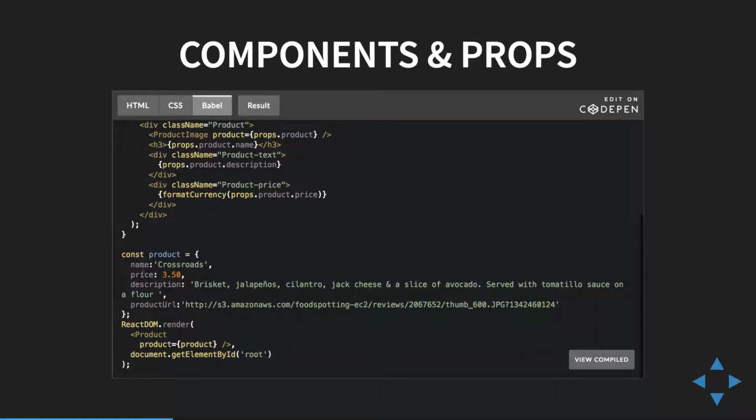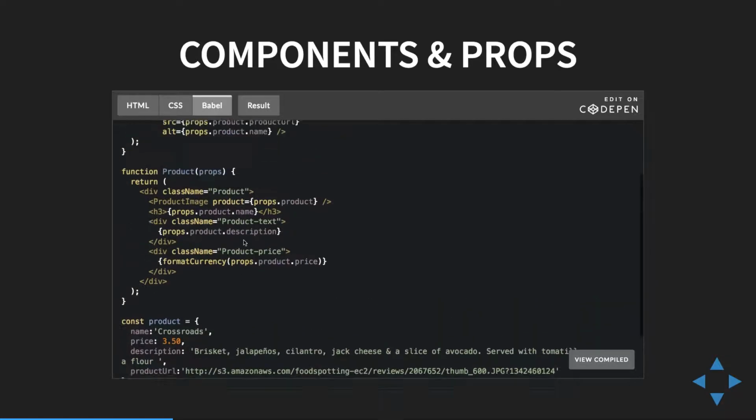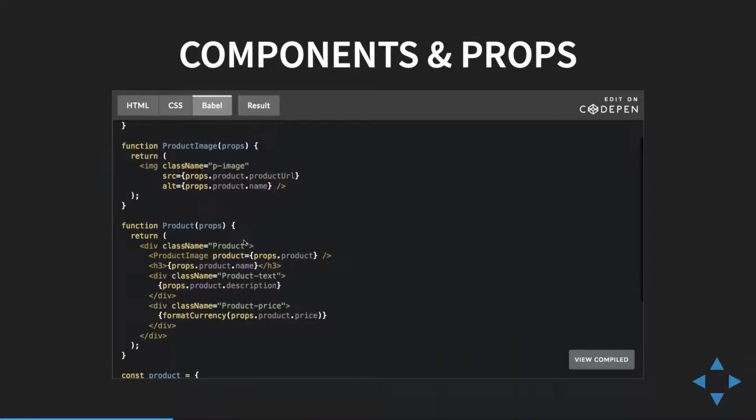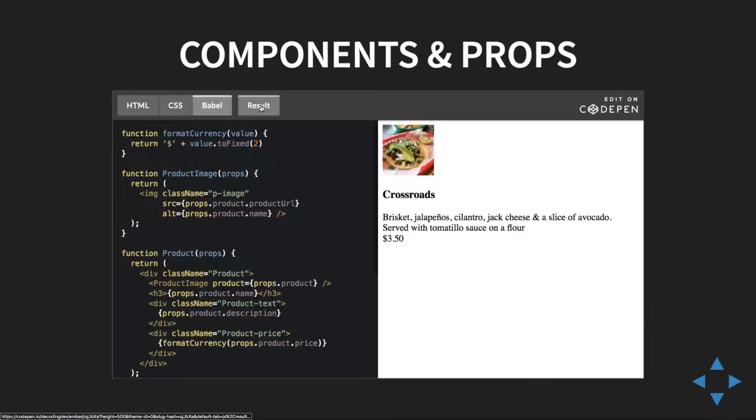And then down here, I'm just passing in the data. In the render block, I'm passing in this data product and then executing that. All of this code results in a display here where you have the image and a bit of layout.